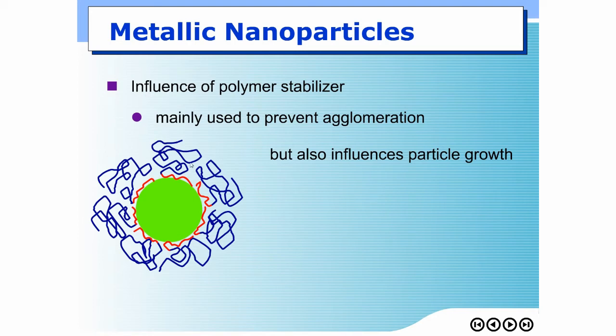But the polymer here not only prevents agglomeration, it also influences the particle growth. Why? Because when we have growth species in liquid form like this, it has to go to the surface of the particles so that growth would be complete, right?